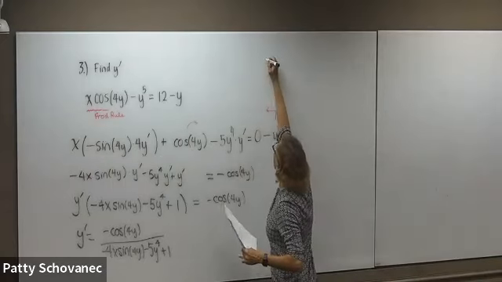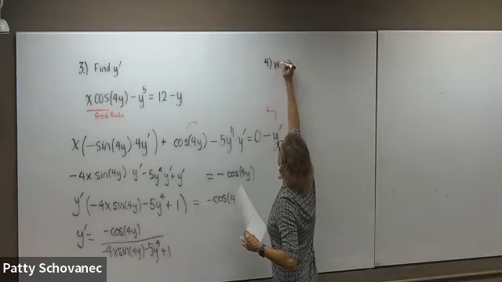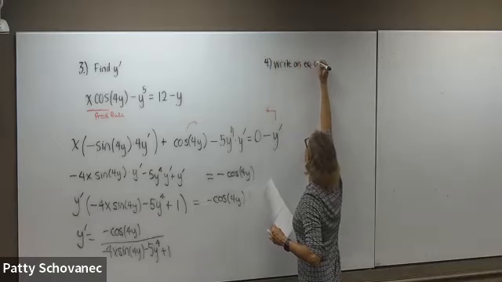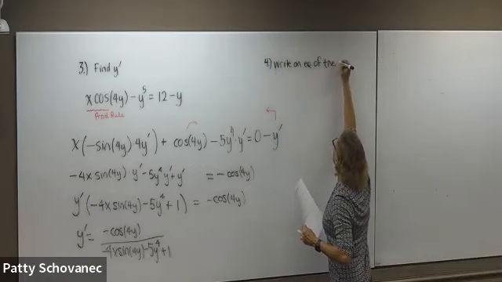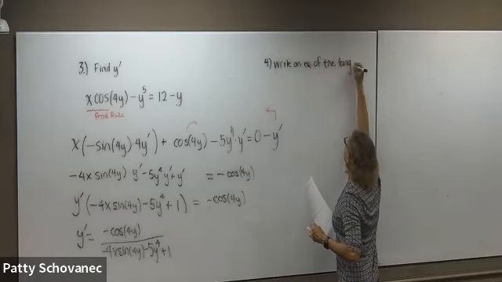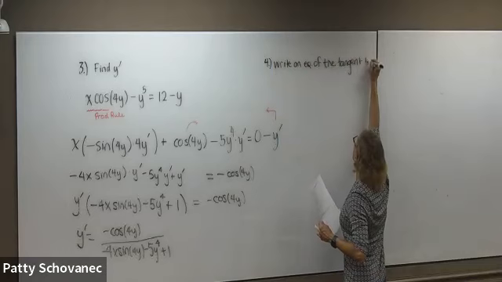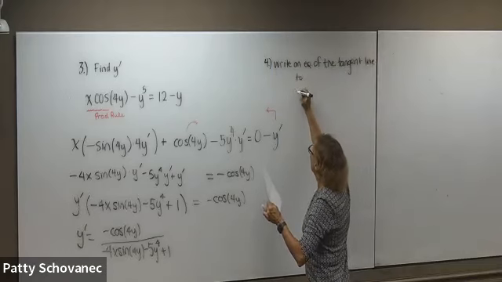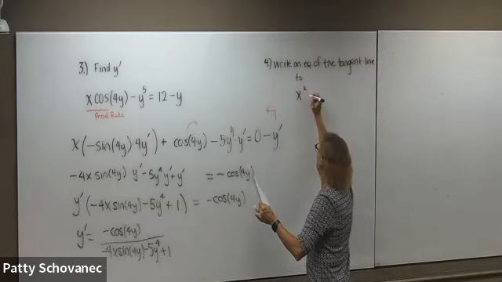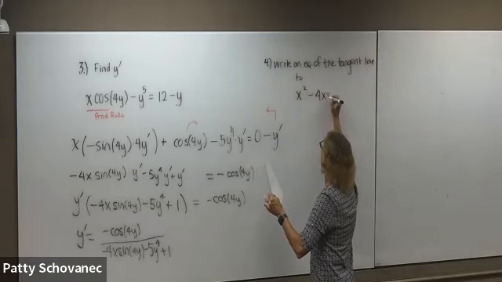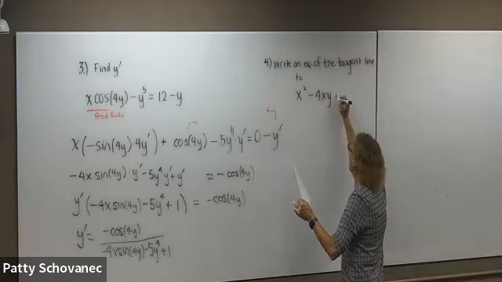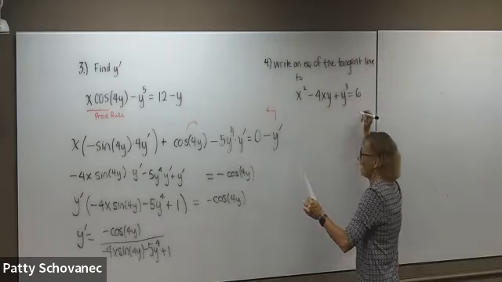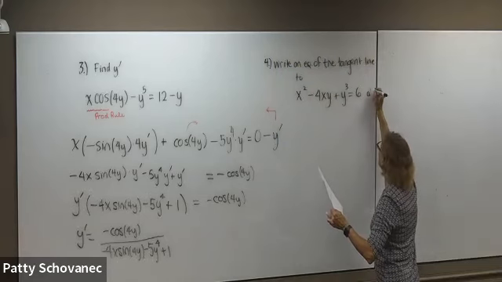Write an equation of the tangent line to the curve x squared minus 4xy plus y cubed is equal to 6 at the point 5, 1.